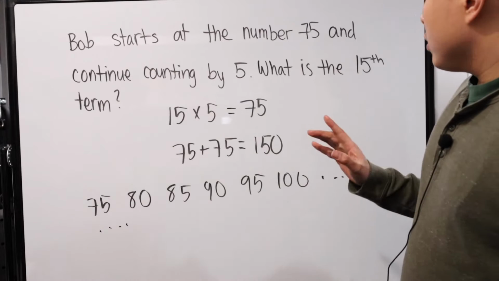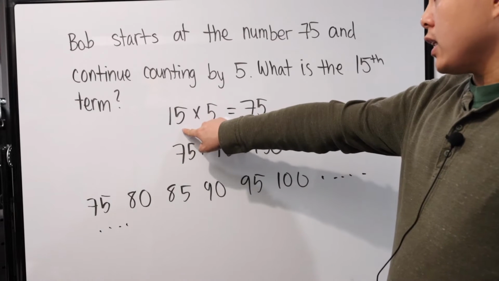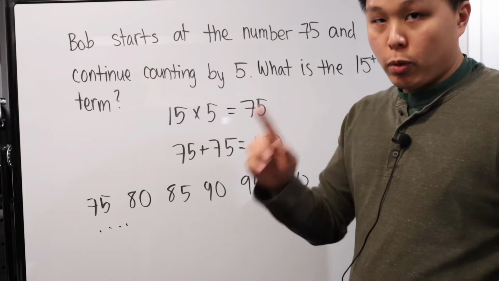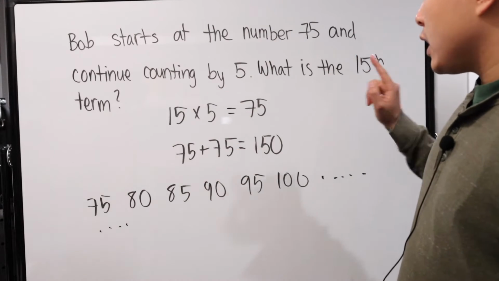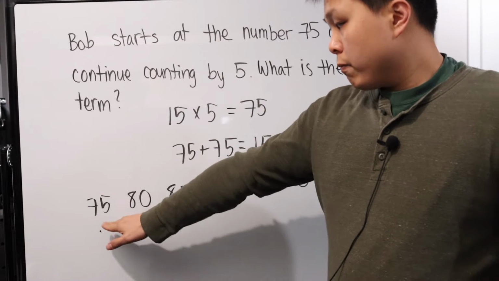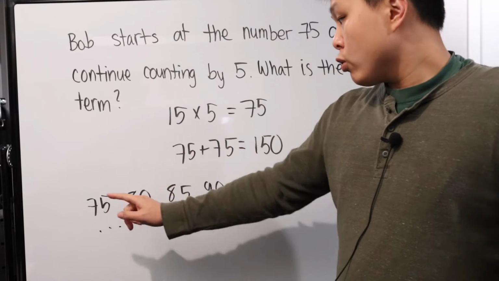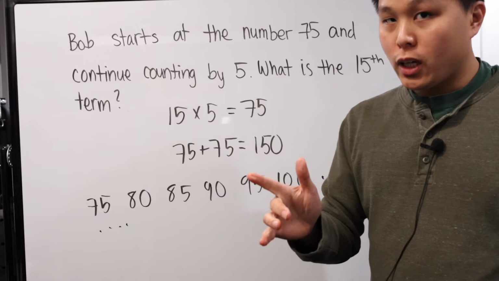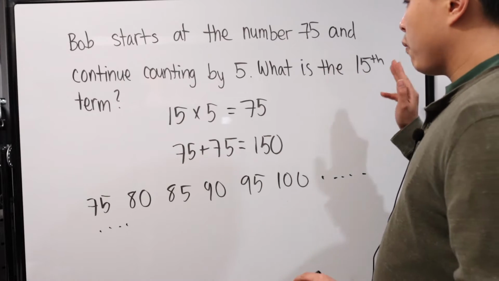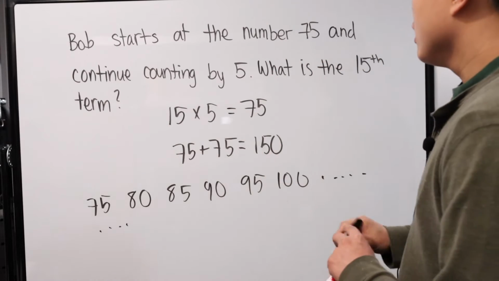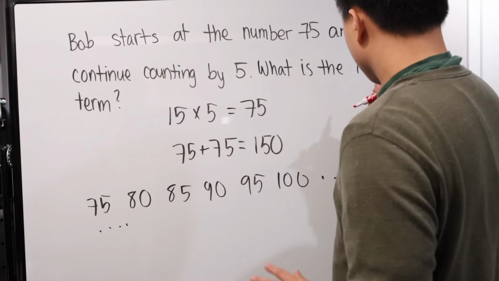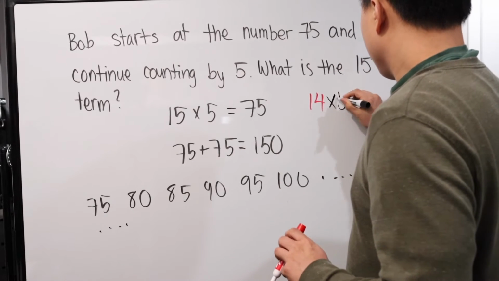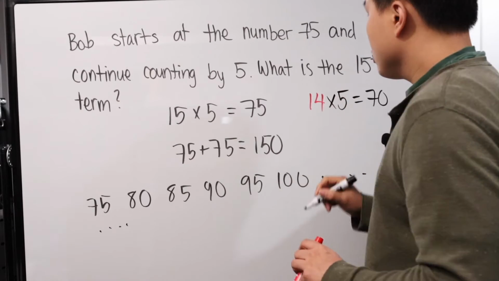Why is that? Because when we multiply by 15, we are assuming that we're adding 15 times, but we're not. We're looking for the 15th term. Technically, 75 is our first term. So in order to get to the 15th term, we only have to add 5 14 times. Hence, if we immediately assume 15 times 5, we overcount. So the actual thing is 14 times 5, which is 70.